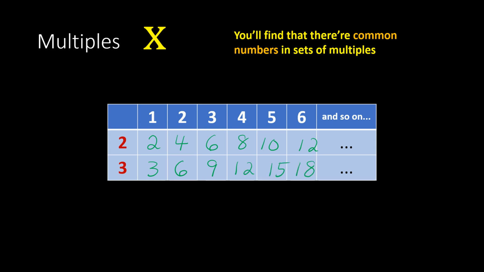Now let's see what common numbers we have. We have 6 and we have 12. Now there are more common numbers in the set of multiples, but we're only doing from multiplying 1 to 6, so that's what we see here.